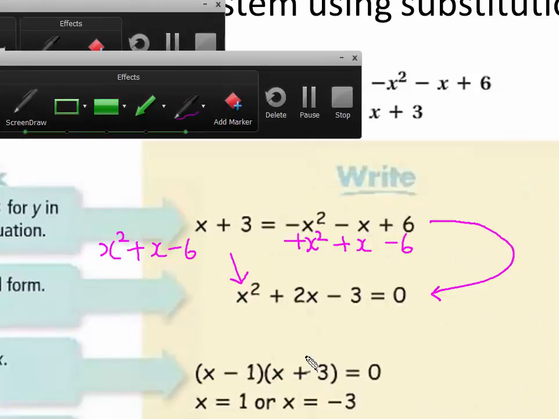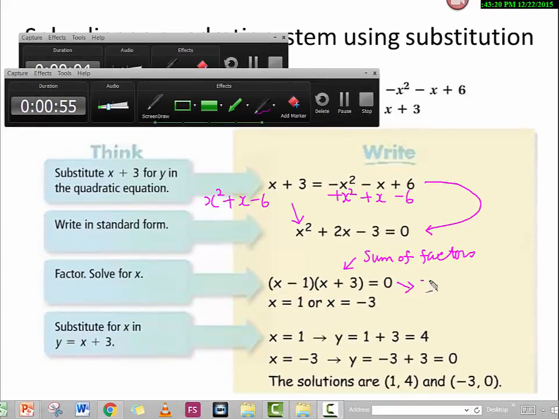The next thing, of course, they do the factoring by making use of the strategy of the sum of factors. Now they have x minus 1 times x plus 3. Then they make use of the zero product property, and make it x minus 1 equal to 0 or x plus 3 equal to 0. That's why they end up getting x equal to 1 or x equal to negative 3.